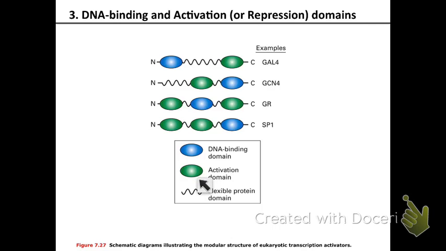That domain is called the activation domain. These two domains are usually linked by a flexible region that connects them in the protein. All right, and also transcription factors can have more than one activation domain.